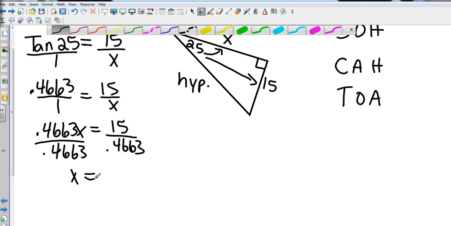So 15 divided by 0.4663 gives me approximately 32.2. Okay, so approximately 32.2 on that one. So we'll move on to the next one, which is number 32.